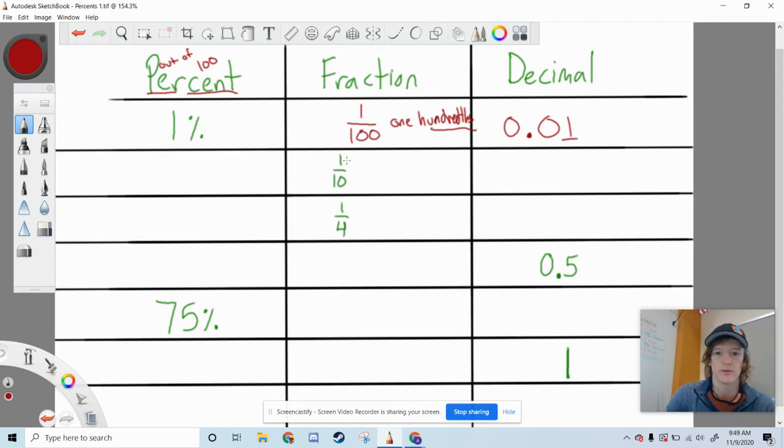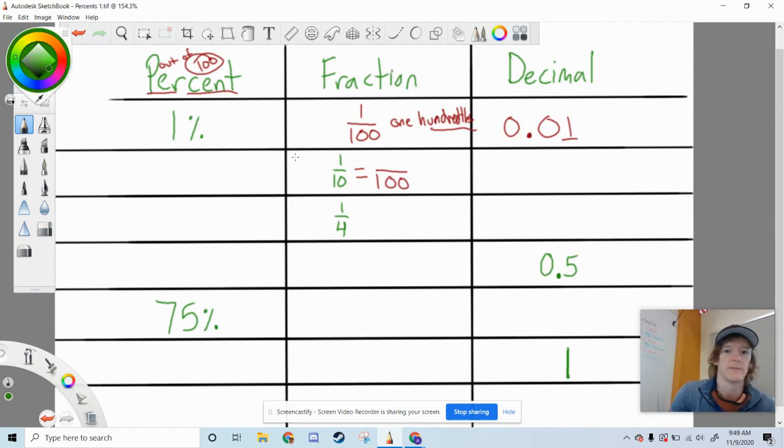The next one, we have 1/10 in the fraction form. We need to write that as a percent and a decimal. We can recognize the word. Remember, percent means out of 100. Our denominator is 100. So what we need to do is convert this fraction so that our denominator is 100. And we're just making an equivalent fraction here.